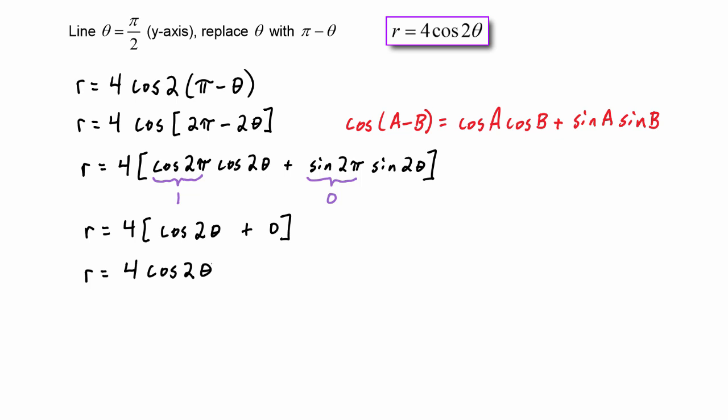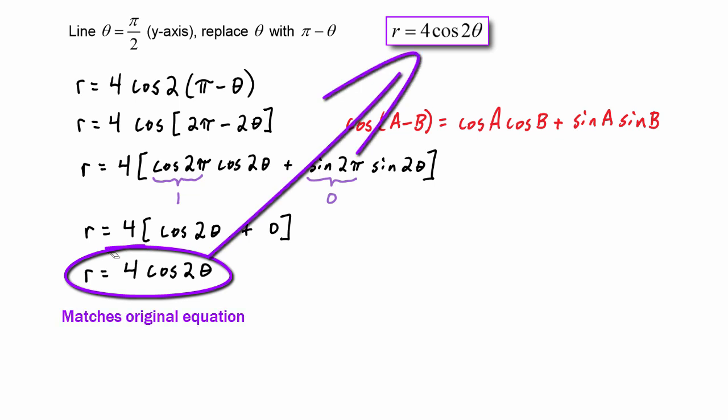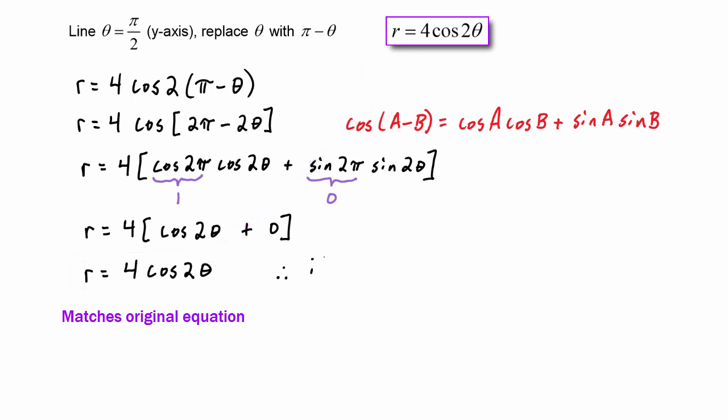And once again, the equation that we simplified to is exactly equal to the original equation. So therefore, it has theta equals pi over 2 symmetry.